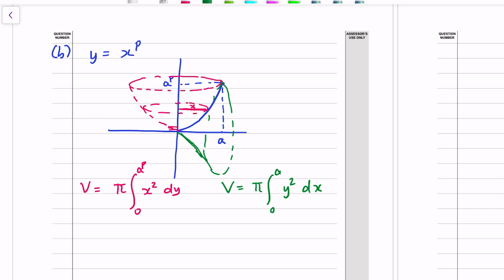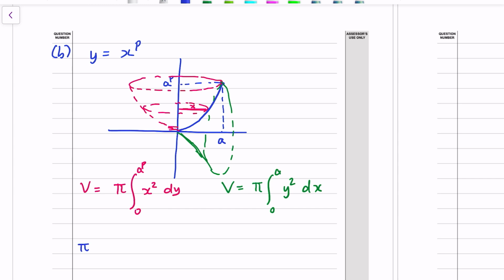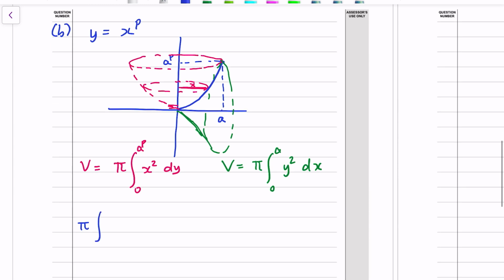Okay, so the first one, pi times the integral of x squared. Well, that's where we need to rearrange the top equation. y equals x to the p is the same as x equals y to the 1 over p.